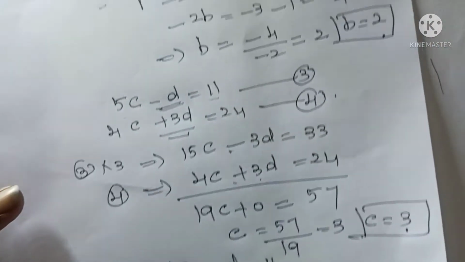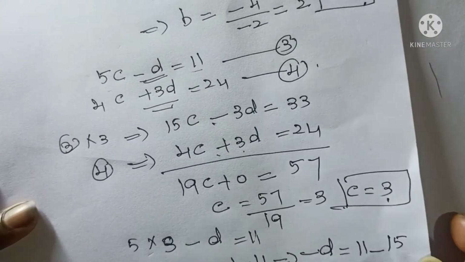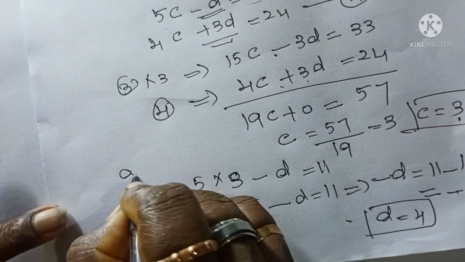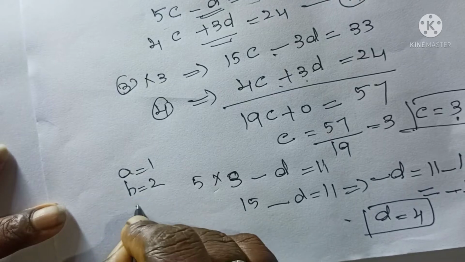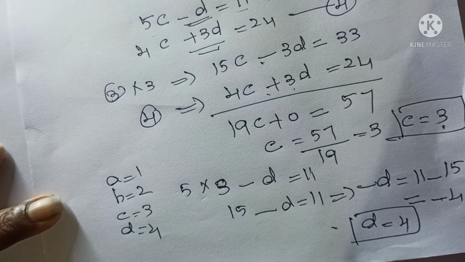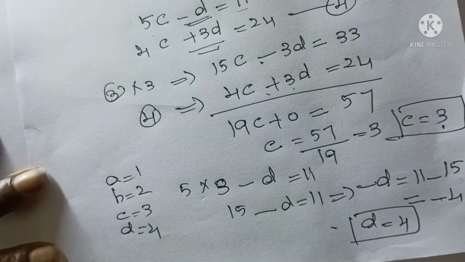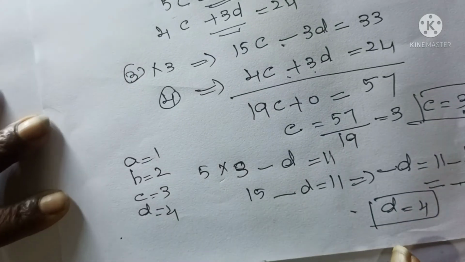So what are the values of A, B, C, D? A is 1, B is 2, then C is 3, D is 4. A is equal to 1, B is equal to 2, C is equal to 3, D is equal to 4. But in the question we have to find A plus B minus C plus 2D. So we have to find that one.